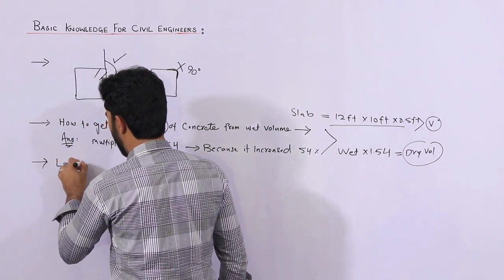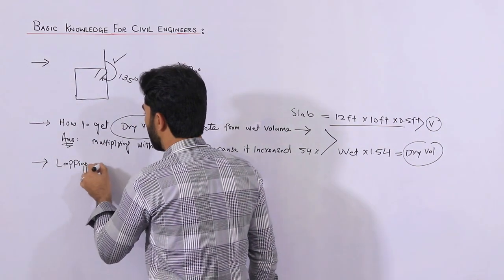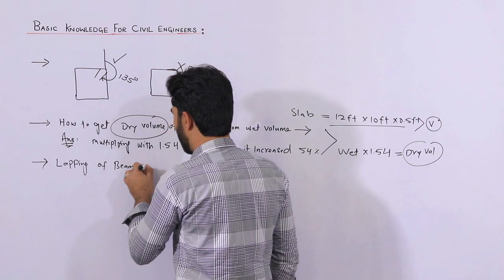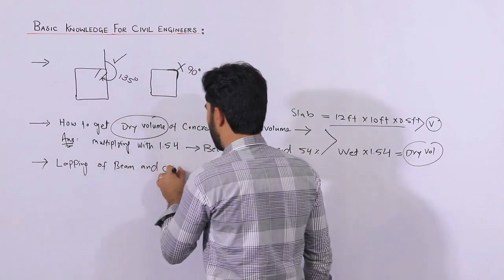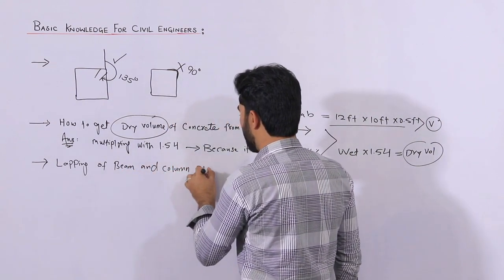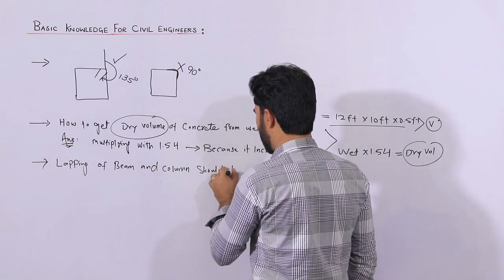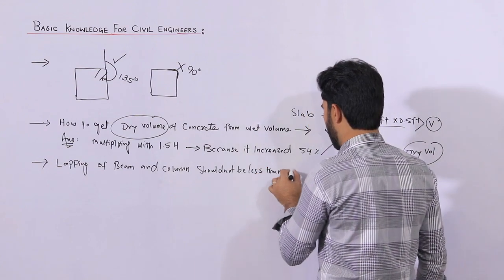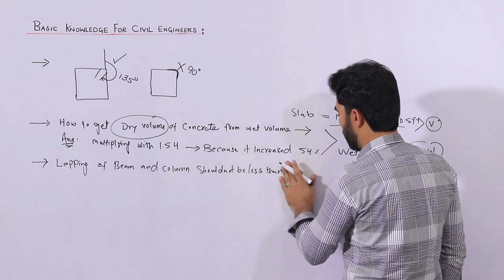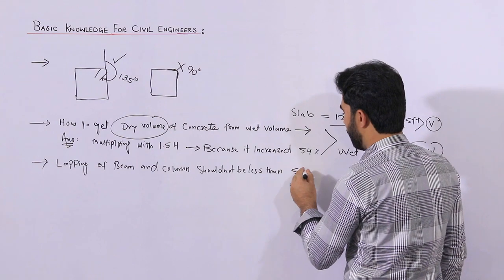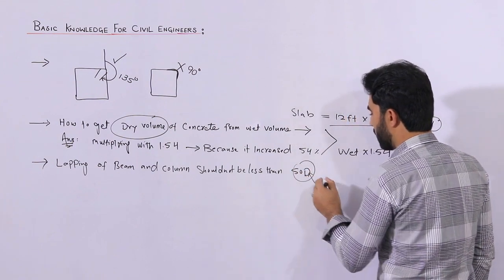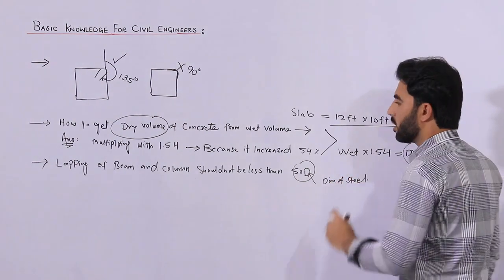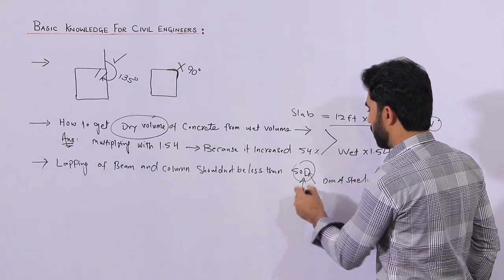Next one is, guys, lapping. If you are working on a construction site, the lapping of beam and column should not be less than 50D, where D is the diameter of steel. Suppose you are using steel of 12 mm diameter.